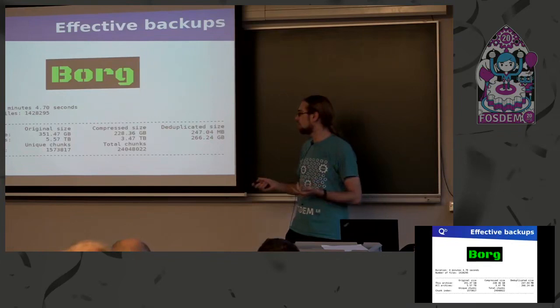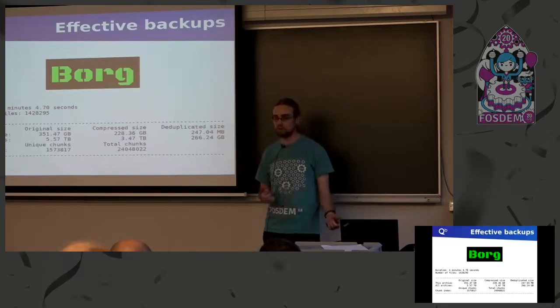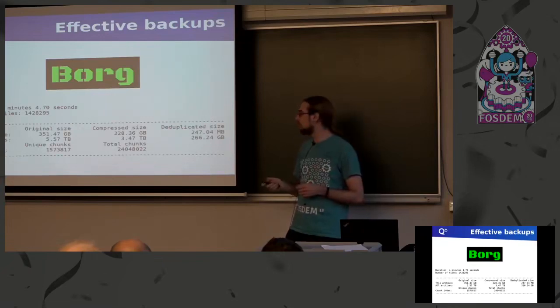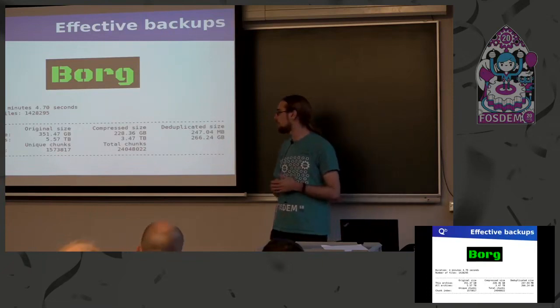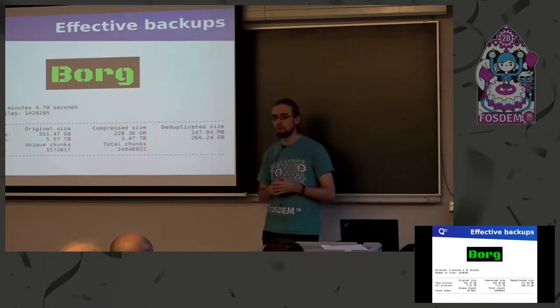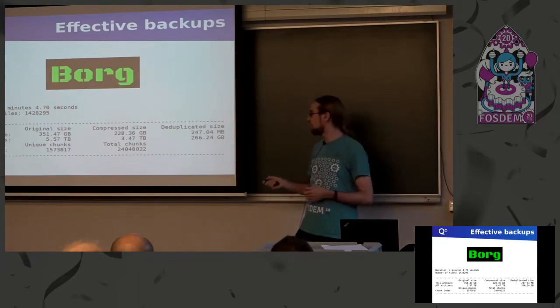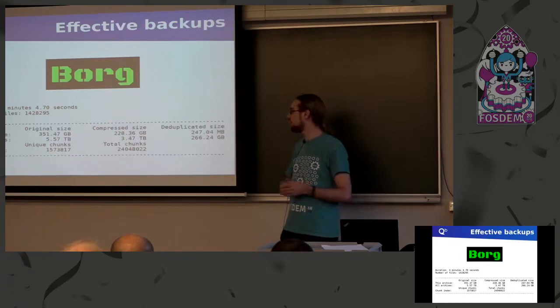You can see that it's quite effective, because the total amount of data ever backed up from my machine was 5.5 terabytes of combined data. That went to 3.47 terabytes of compressed data, and then the deduplication brought this 3.47 terabytes down to 266 gigabytes.